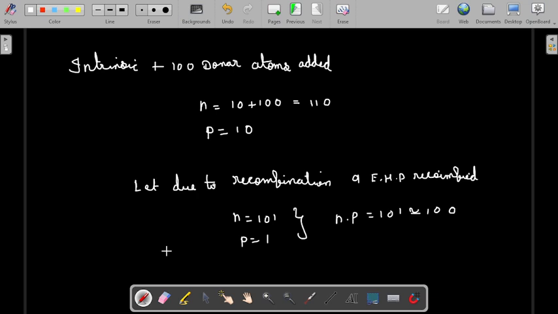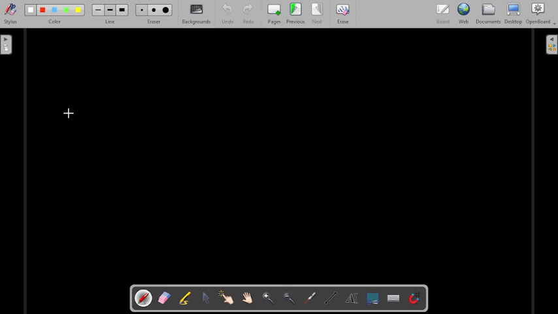The product n into p needs to be approximately equal to the donor atoms added. That means the doping needs to be somewhat optimal, not heavy doping. So the mass action law is valid only for the non-degenerated semiconductor. I will explain the term degenerated very clearly in the coming lectures.